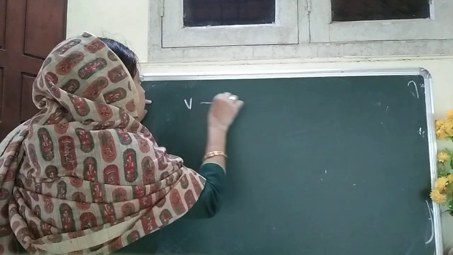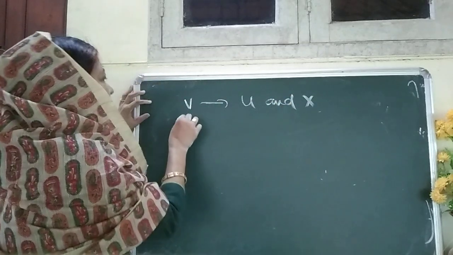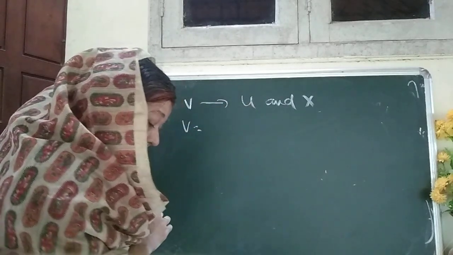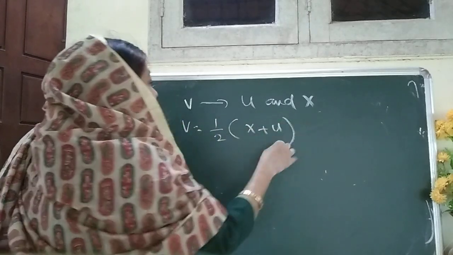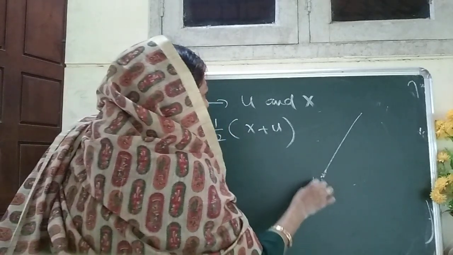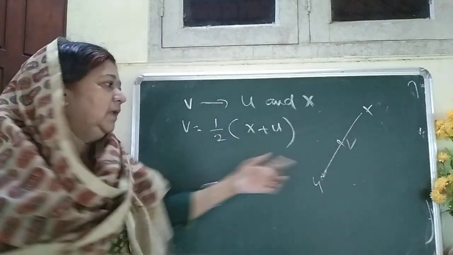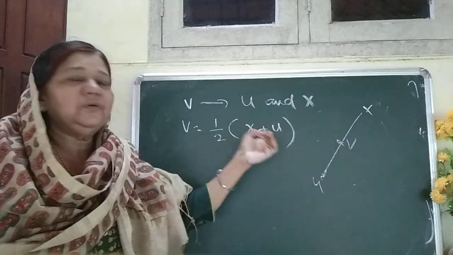Then V equal to half into x plus u. So it may be u, it may be x, it may be v. We can see that v equal to half into x plus u.